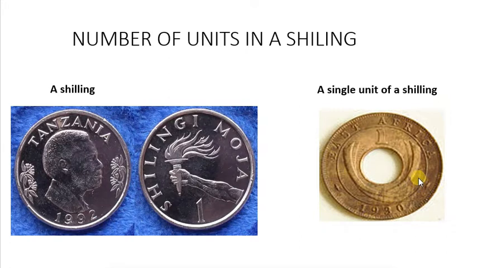So the question is, how many cents are in a shilling? In other words, we can say how many units are in a single shilling. You may pause this video and take some time to discuss with a friend close to you, or use your experience to note down the total number of units that are in a single shilling.